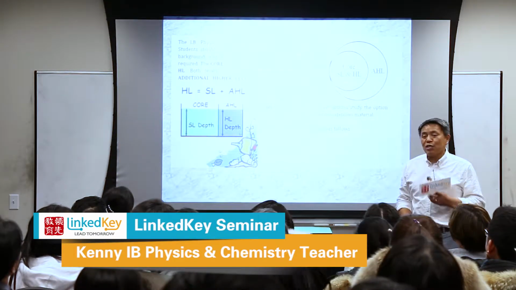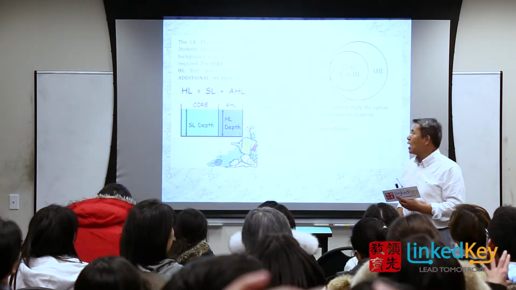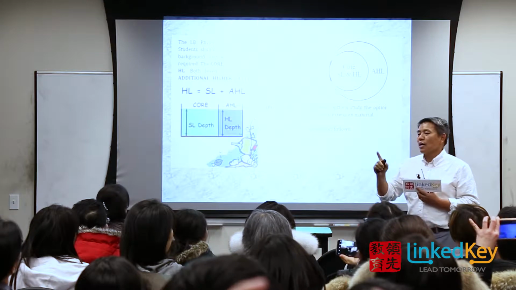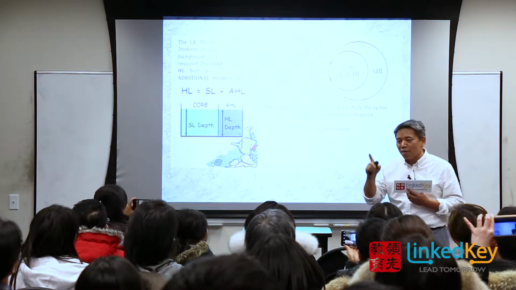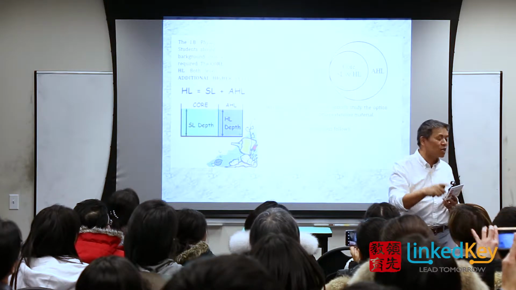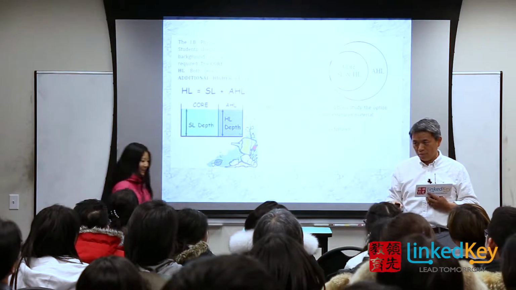Say your child is going to take standard level physics, she or he must finish physics once in grade 11.